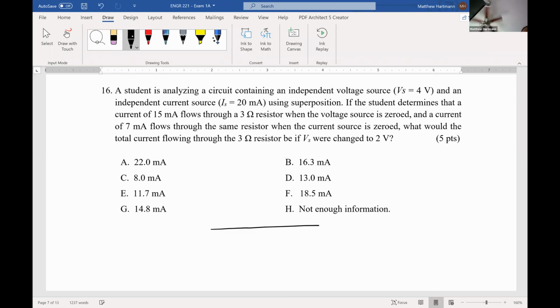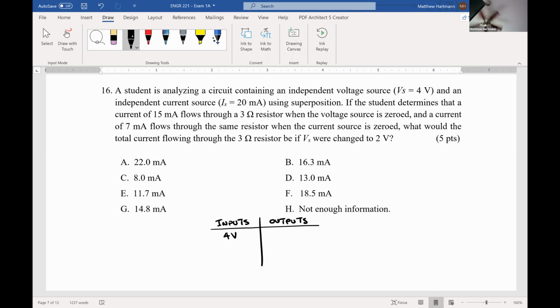So what I'm suggesting is to create a table, much like we did before, with inputs and outputs. When we applied a 4 volt source by itself, our output was what? Read the problem.